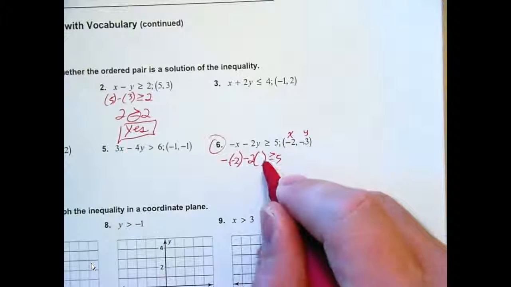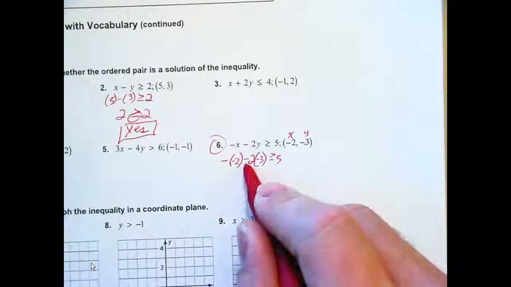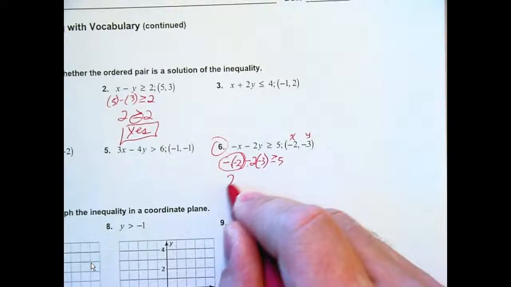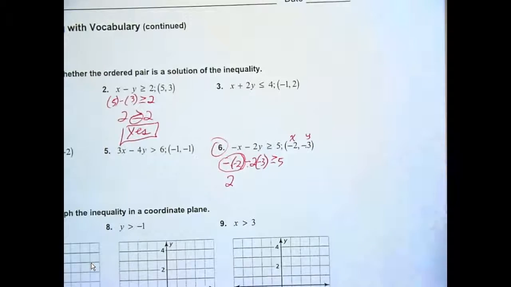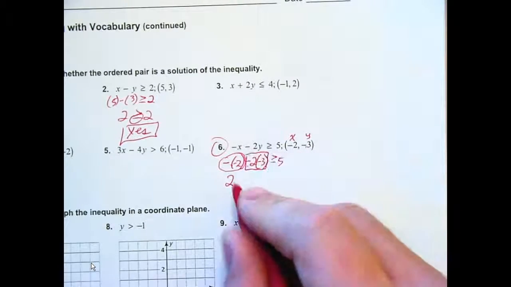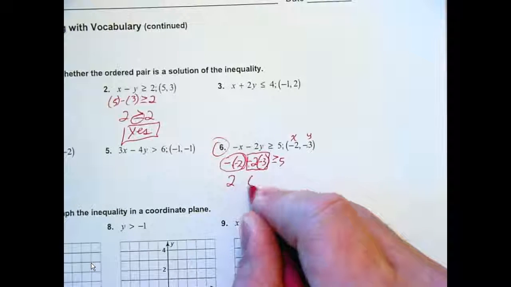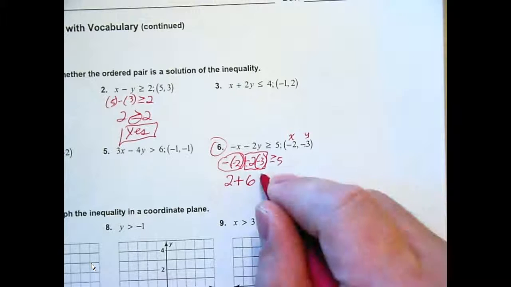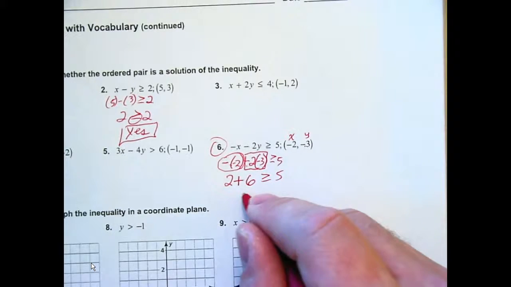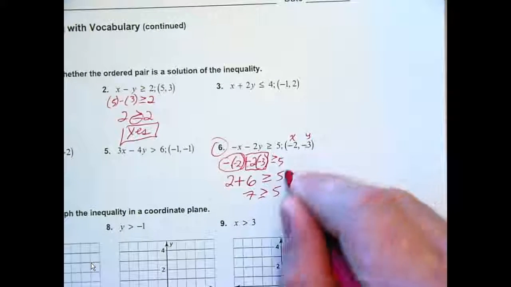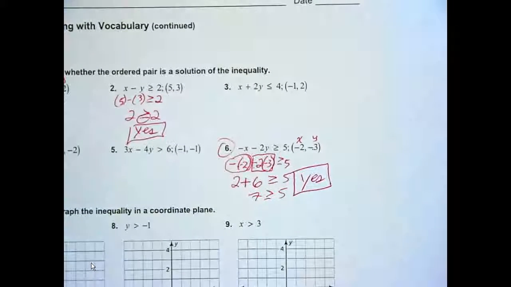And this negative 3 I put in right here. So I have negative 2 times negative 3. So the opposite of negative 2 is 2, and then negative 2 times negative 3 is 6. And what type of 6? Positive 6. So that's 2 plus 6 is greater than or equal to 5. That is true. So yes, that is a solution. It makes it true, therefore it is a solution.